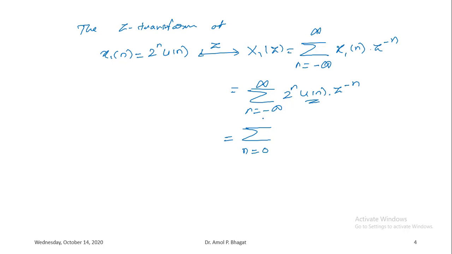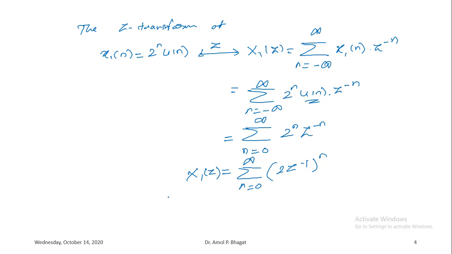So we take the limit n equals 0 to infinity of 2 raised to the power n multiplied by z to the power minus n. Here you can take n common, so it will be the summation from n equals 0 to infinity of (2z inverse) raised to the power n.